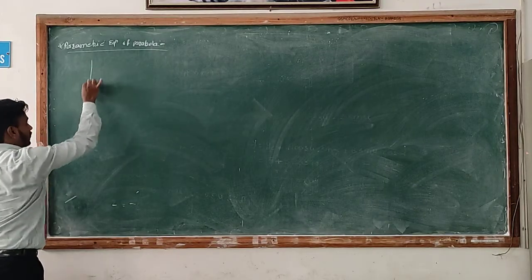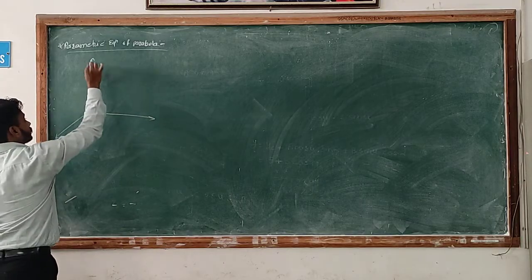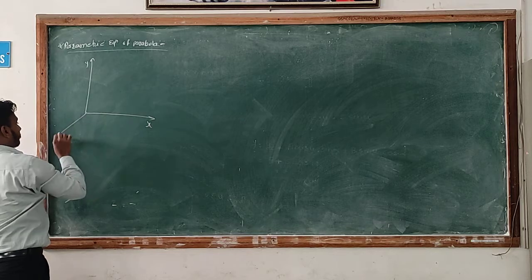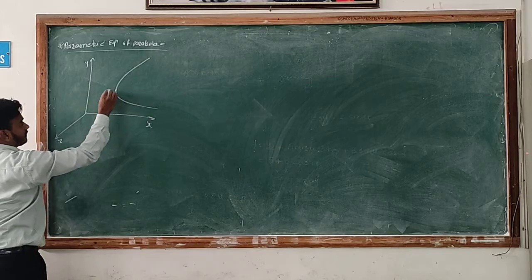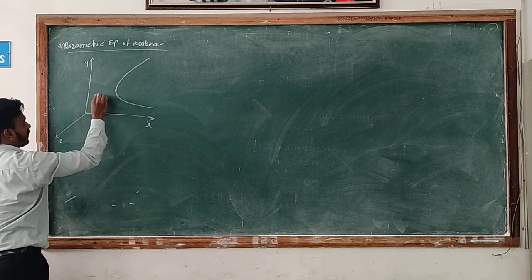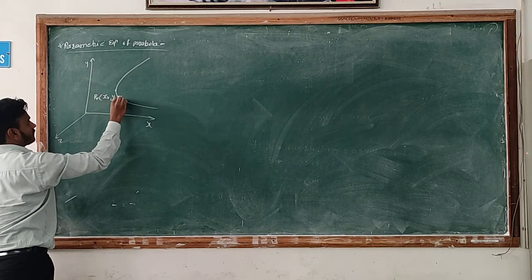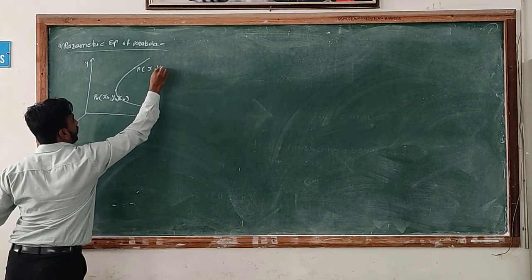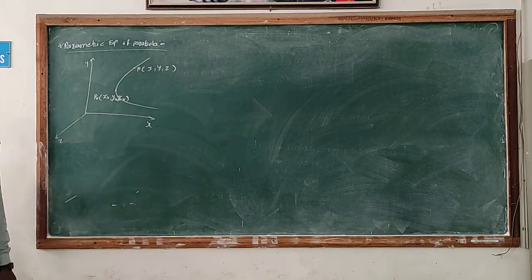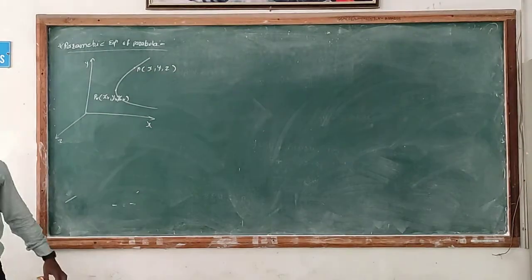So parabola is also one conic curve. This is our parabola. This is the vertex of the parabola PV having the coordinates xv, yv and z. And here is another point on the parabola having the coordinates x, y, z.